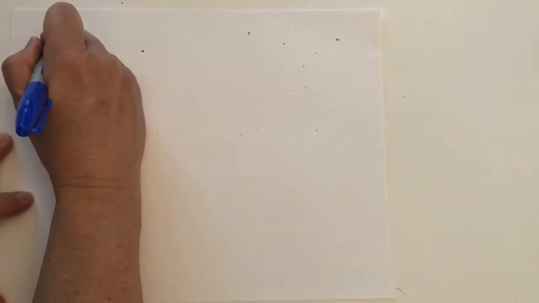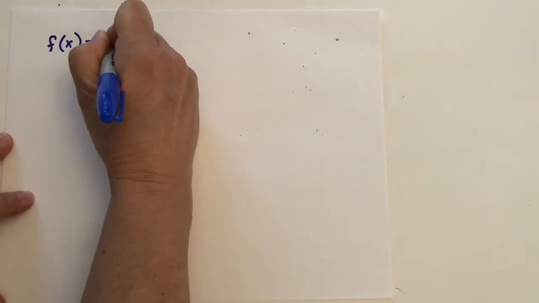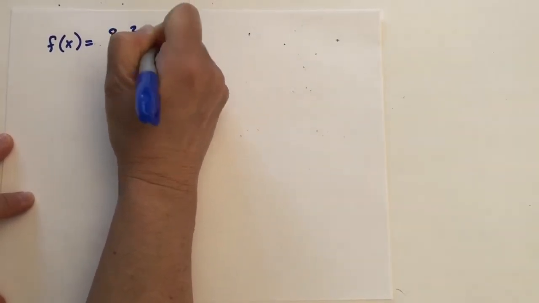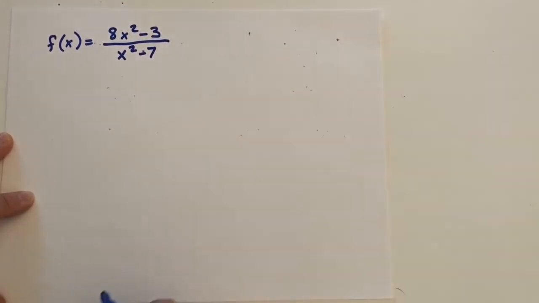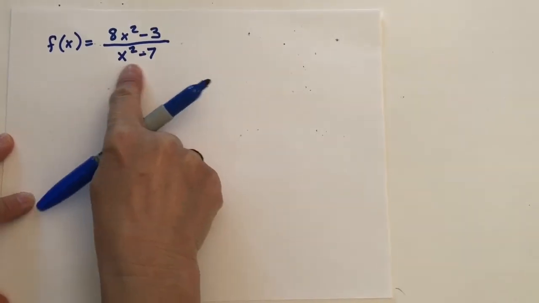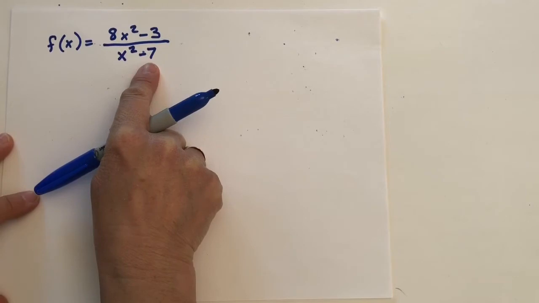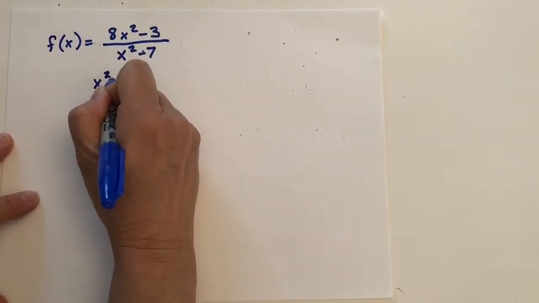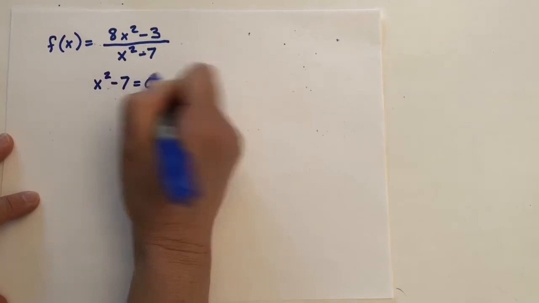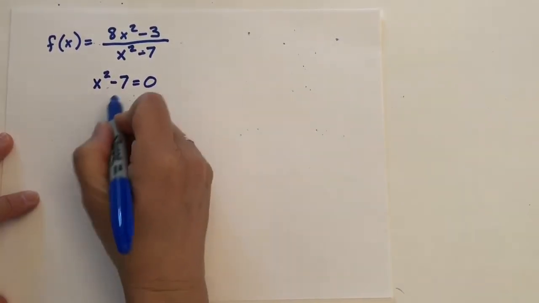Let's look at the function f of x equals 8x squared minus 3 over x squared minus 7. Now this one doesn't factor with respect to the integers, but we do know we could just set x squared minus 7 equal to 0 and find the solutions to this equation.